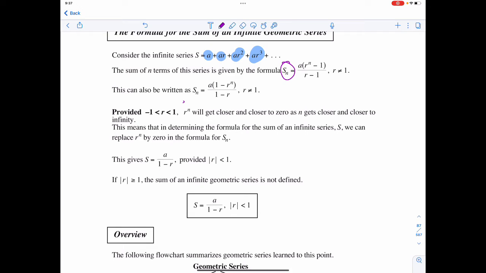As long as r is in between -1 and 1, it's going to get closer to 0 as n gets closer and closer to infinity, which means that we can replace r^n by 0 in the formula. Because if I take r to the power of n and it's in between -1 and +1, then if my n value is infinity, my r^n value is 0, and 0 to the power of infinity is still just 0.